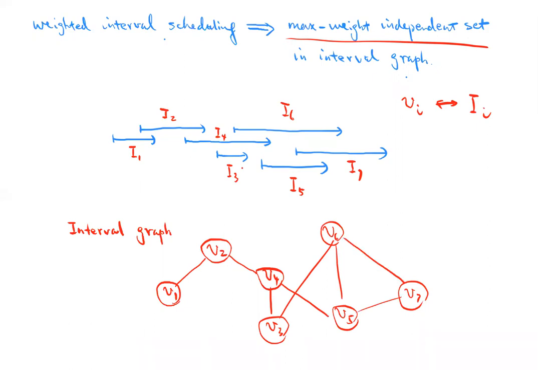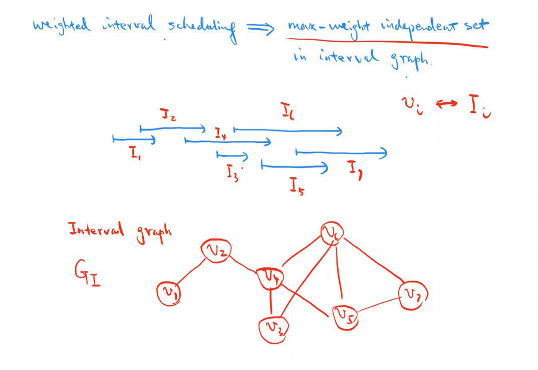I think that's the graph. I may have missed one edge or two. Oh, I missed the one with 6. Yes, exactly. Okay, so we get this interval graph.